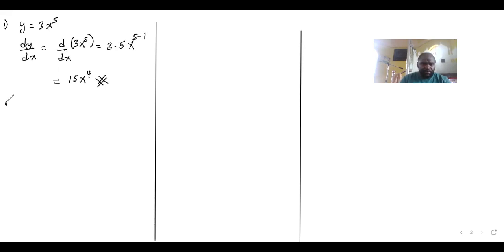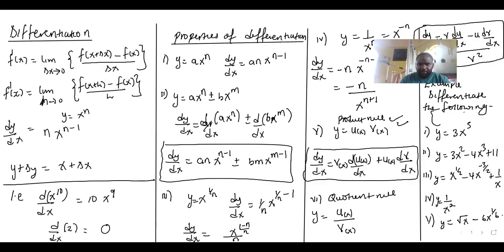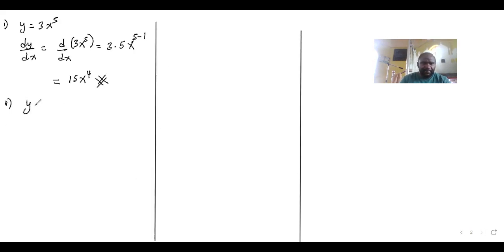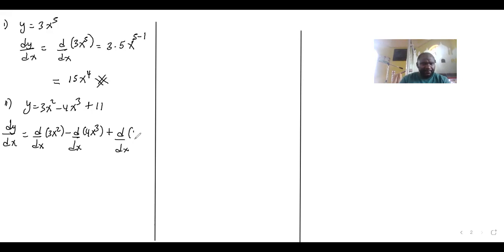Then come to Roman 2. Roman 2 says 3x squared minus 4x cubed plus 11. In this case, we have seen that where there is addition or subtraction, it's the same as differentiating these terms alone, by saying dy/dx is equal to the derivative with respect to x of 3x squared, minus the derivative with respect to x of 4x cubed, plus the derivative with respect to x of 11.